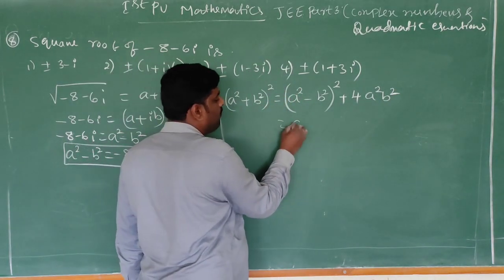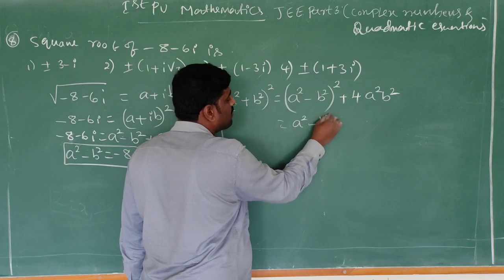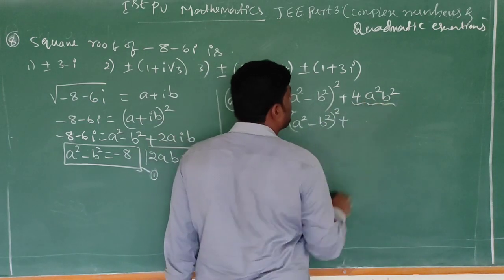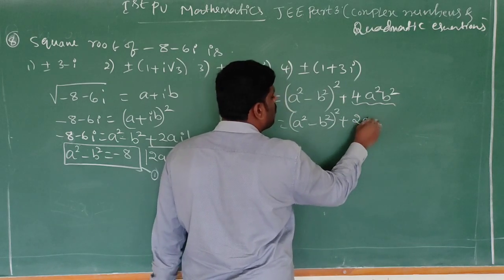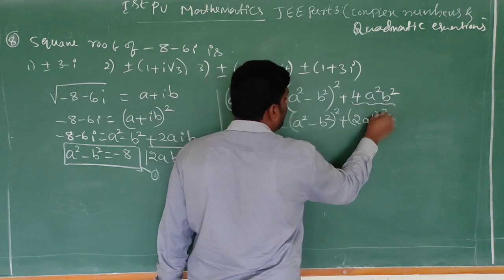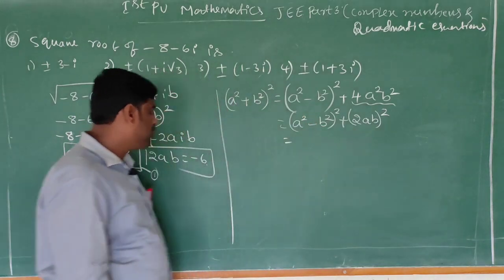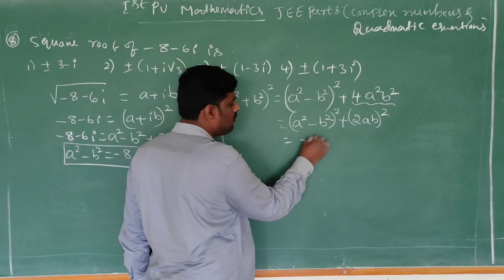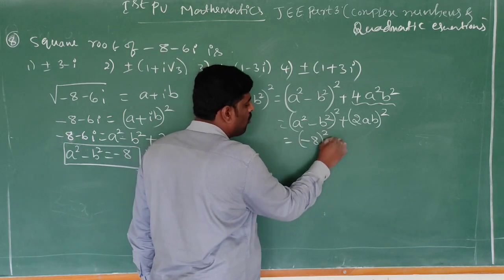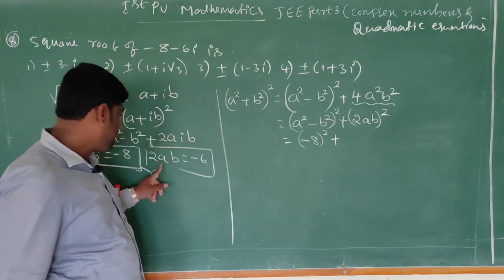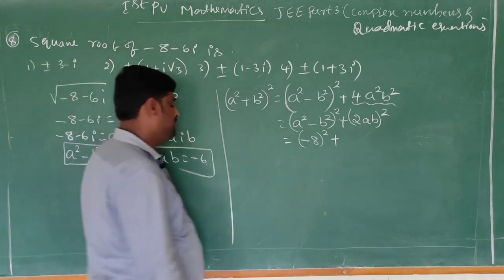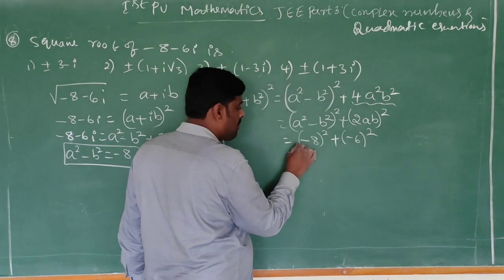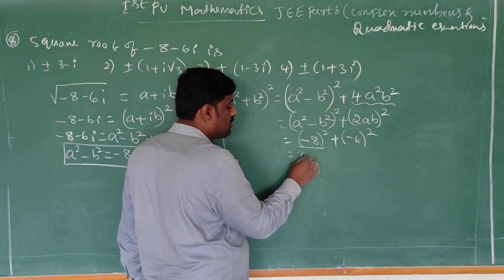Here a square minus b square whole square plus 4a square b square can be written as a square minus b square whole square plus 2ab whole square. The a square minus b square value is minus 8, minus 8 whole square. The 2ab value is minus 6, minus 6 whole square. Minus 8 whole square is 64.